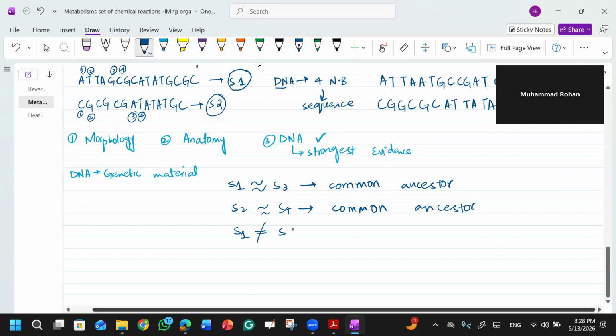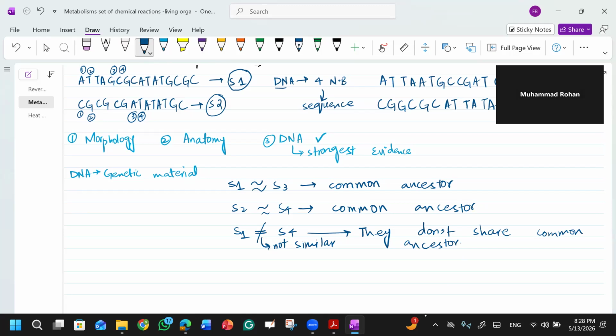So they are not similar. We will say they don't share a common ancestor. Clear?